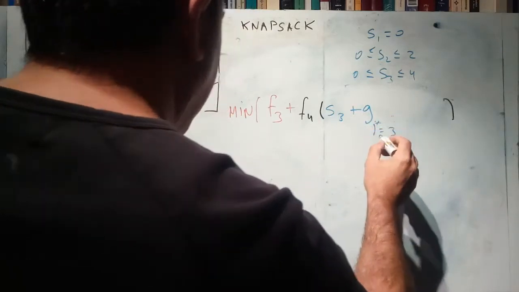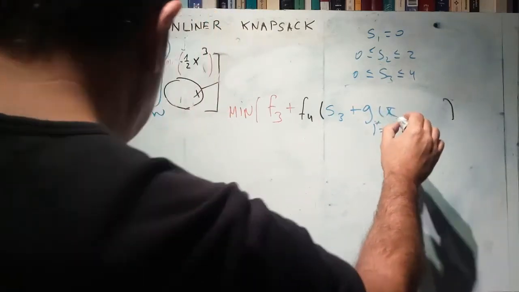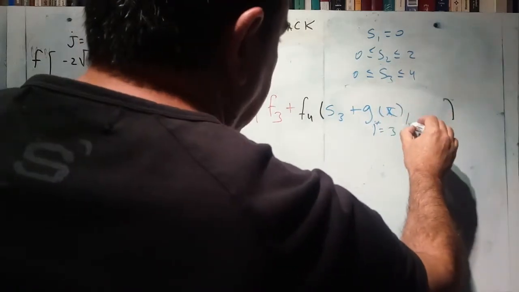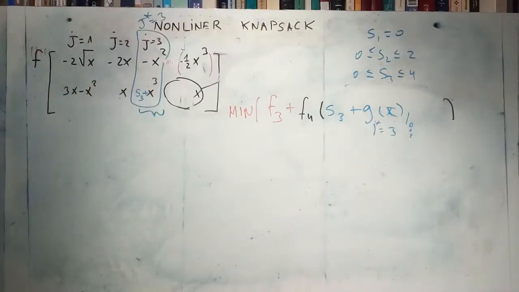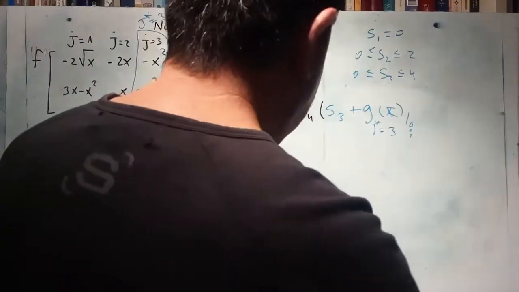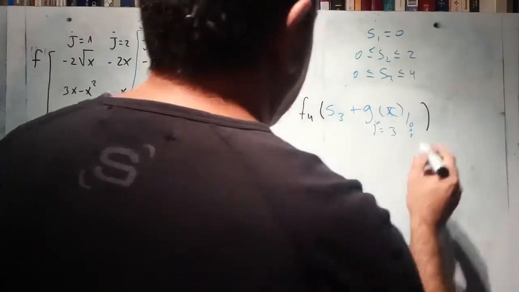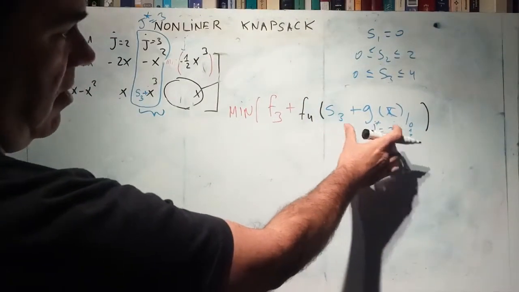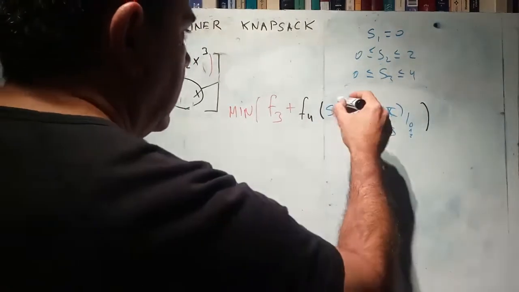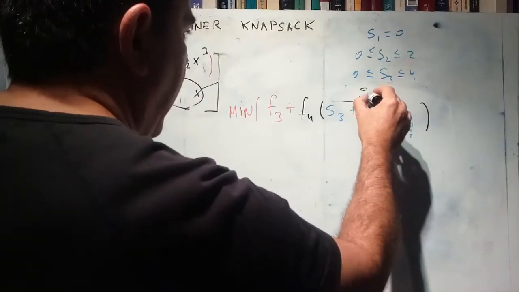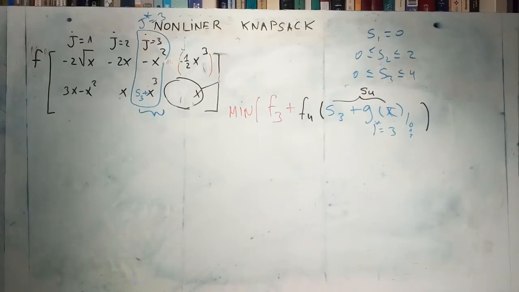From j star being 3 of x, of course x evaluated at 0, 1, 2. Okay? So inside the bracket, this sum is in fact S4, right?